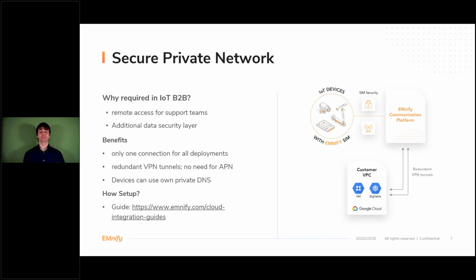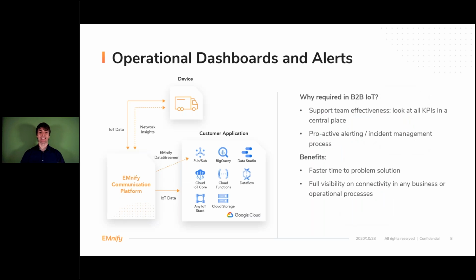Okay, and then today we have exactly this third integration that Konstantin is going to talk about, but I want to give you a little bit of introduction on why this is relevant for your IoT solution and what the benefits are. In general, if you start selling IoT devices with cellular connectivity included, you need to think about how to properly support these solutions.